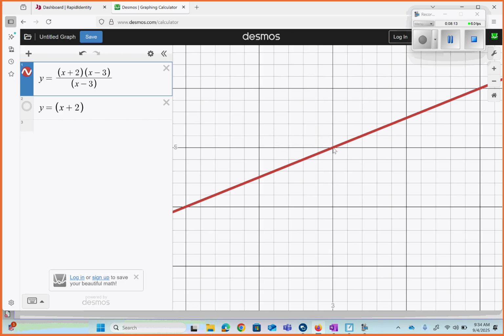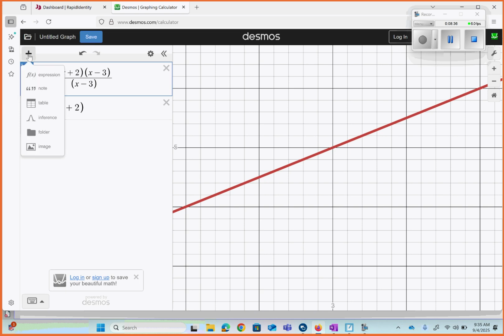What's really taking place is this line is coming from both sides, and at x equals 3, there's a hole. So it's undefined. A hole is not an asymptote. If it's an asymptote, the graph goes shooting up the side of it or down it, or both. But as far as a hole goes, that might take place.